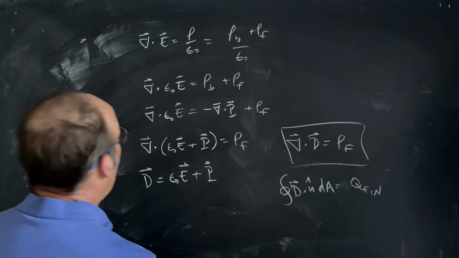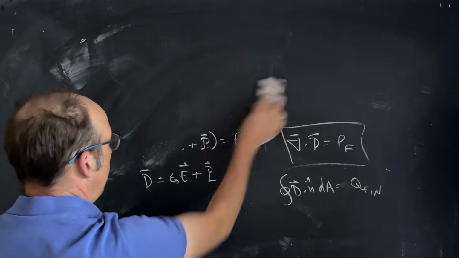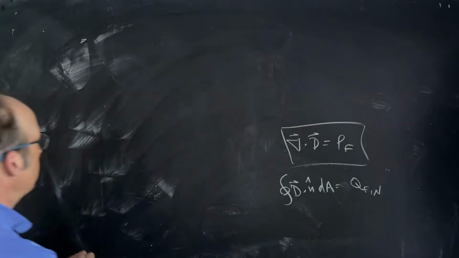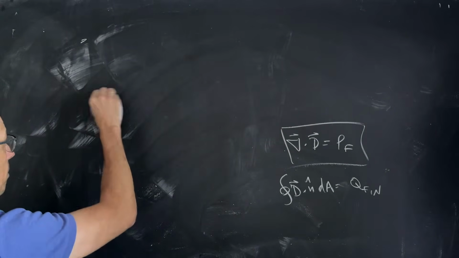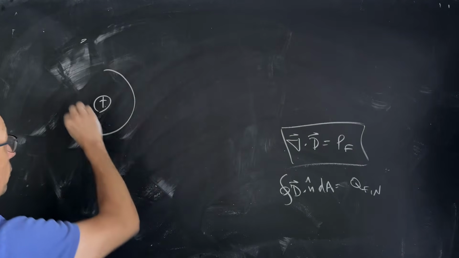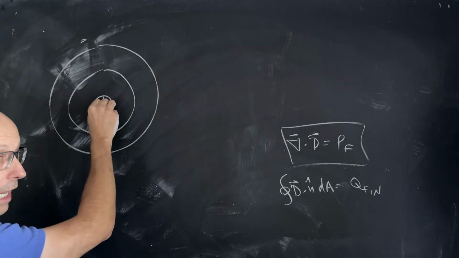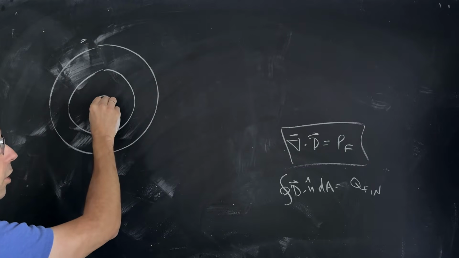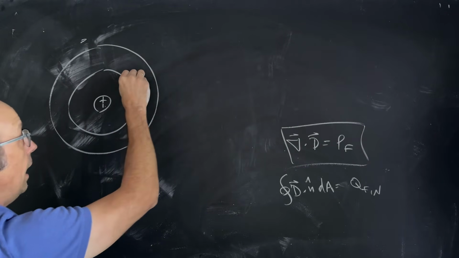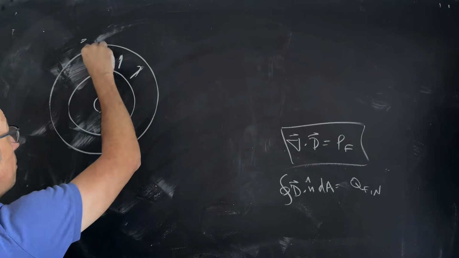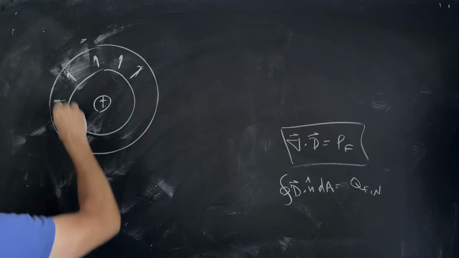Okay. So I just want to point out a quick, I'm not going to calculate anything, but suppose I have a positive charge surrounded by a dielectric. So what's going to happen is that this positive charge is going to make an electric field in here, and it's going to create a polarization like this.